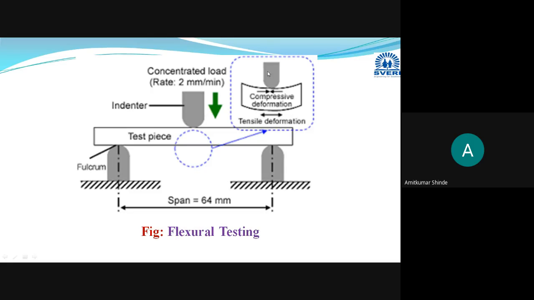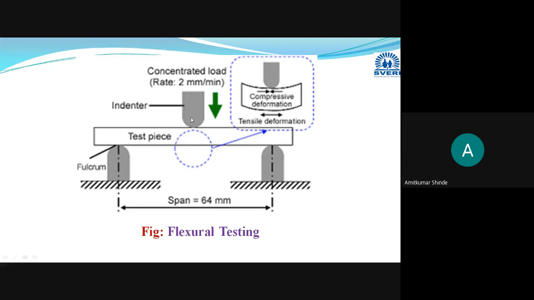Now please concentrate here. We are applying the load here, which means this top surface will be subjected to compression, and at the bottom the tensile force will act, or it will get pulled from both ends.